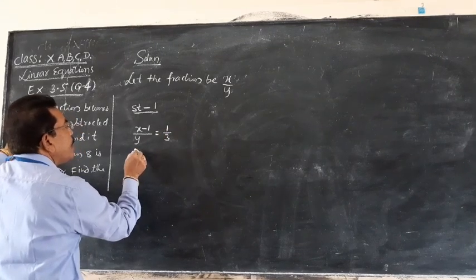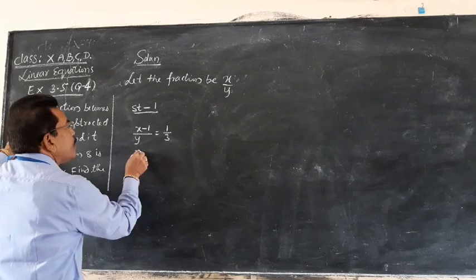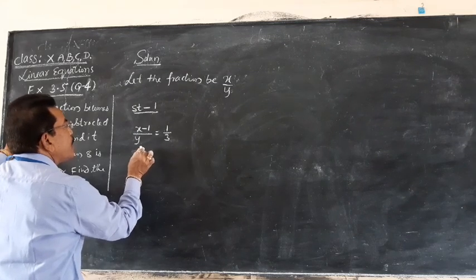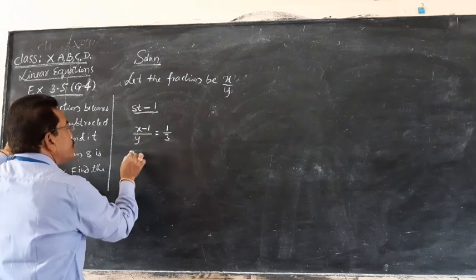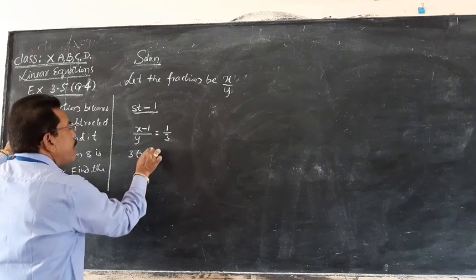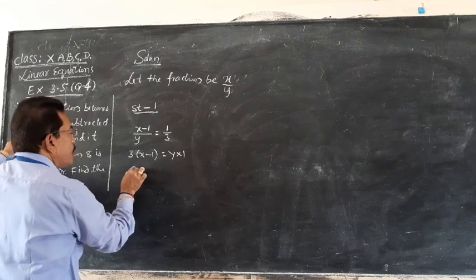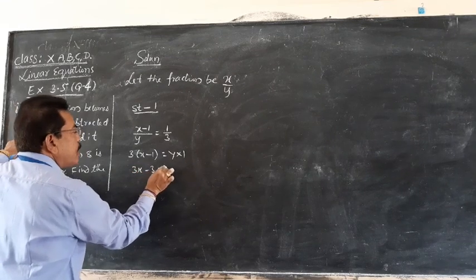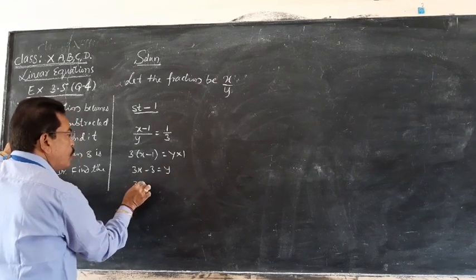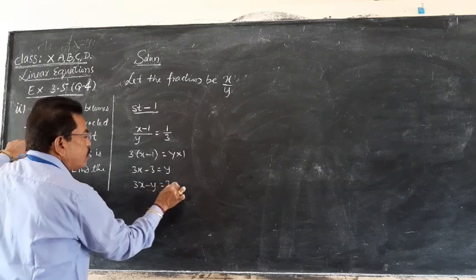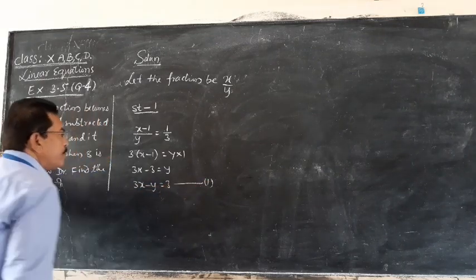Okay, cross multiplication. 3 in the bracket x minus 1 equals to y into 1. 3x minus 3 equals to y. So 3x minus y equals to 3, equation 1.